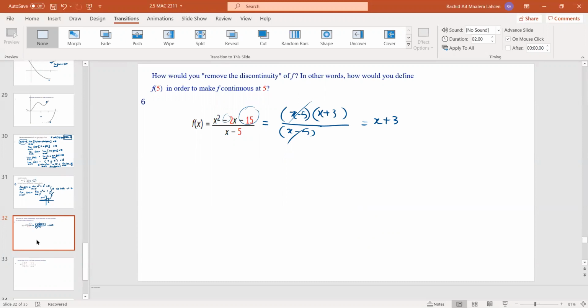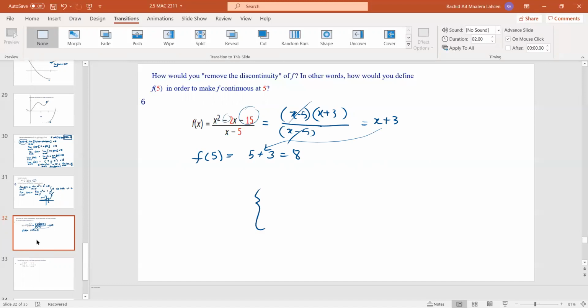That's one way, that's how we would figure out this thing. So if we use here f of 5, 5 plus 3 would be 8.